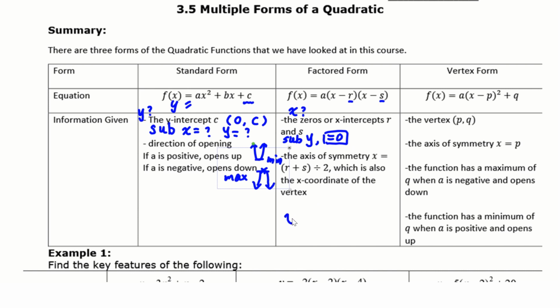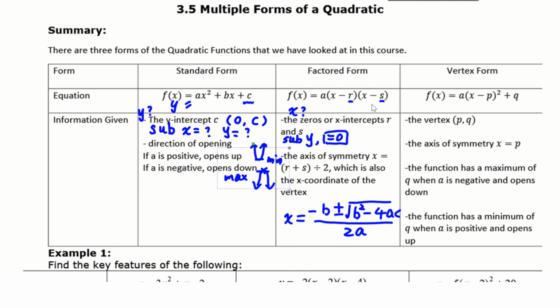So quadratic formula is x equals negative b plus minus square root of b squared minus 4ac, all over 2a. When the equation is not factorable, we use quadratic formula.